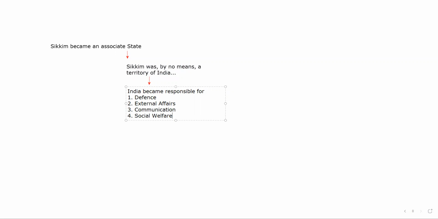And apart from that, two members of the Sikkim Assembly were to represent Sikkim in the Parliament of India, right? It means one member in Rajya Sabha and one member in Lok Sabha. These two representatives of Sikkim were made members of the Parliament of India.